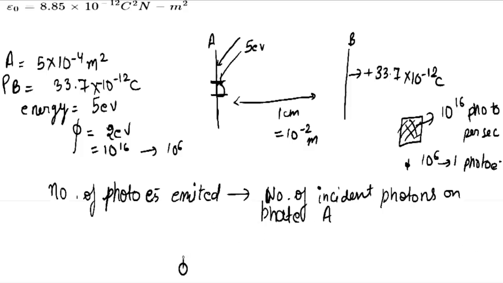So in 1 meter square area, 10 raised to the power 16 electrons fall.